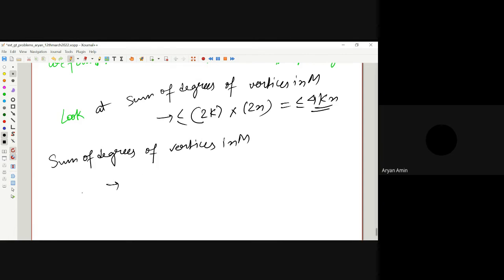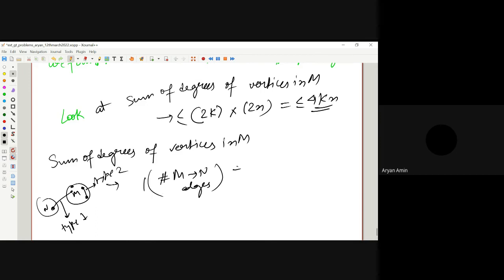Suppose this was M and this was N. You are counting edges of this form, call this a type 1 edge, M to N, and an edge of this form, M to M, call this a type 2 edge. So you are counting M to N edges once, plus the M to M edges twice, right? Because an edge UV inside M does not necessarily have to be a part of this maximal matching.